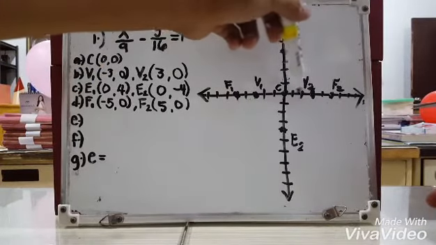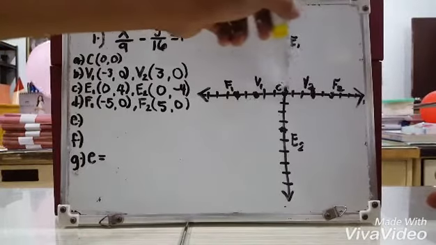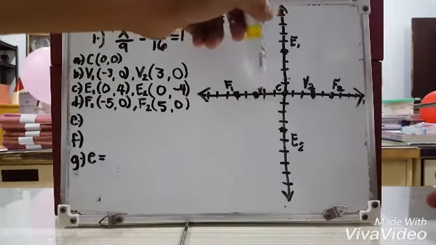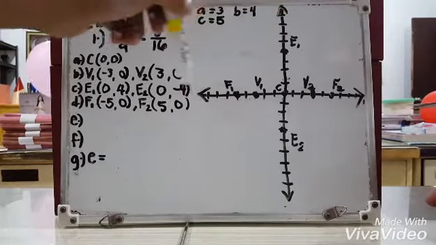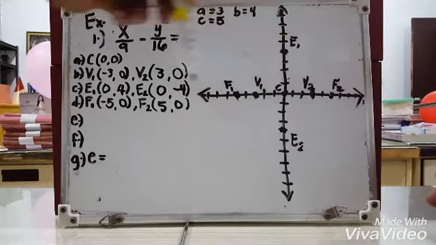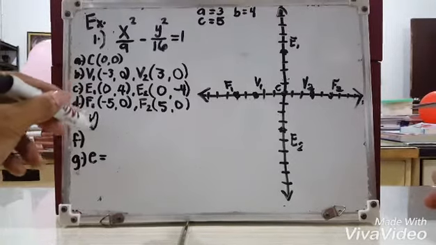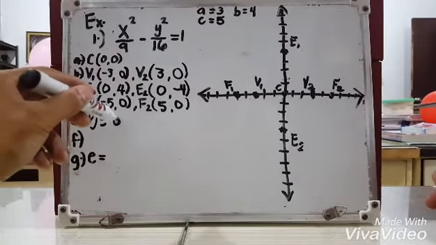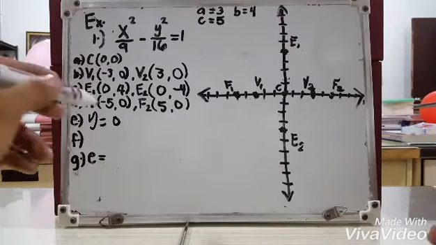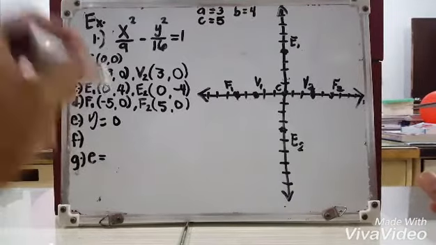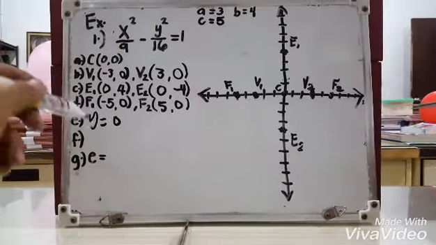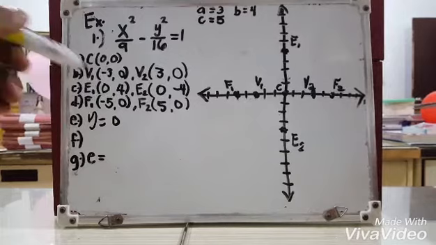This line segment class is along the x-axis. So since it's along the x-axis, the equation will be y equal to 0. This is now the equation of the transverse axis. Again, this is just the same as the major axis in the ellipse before.